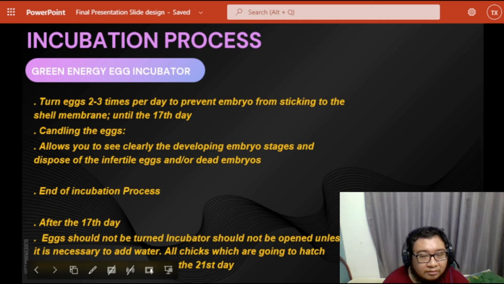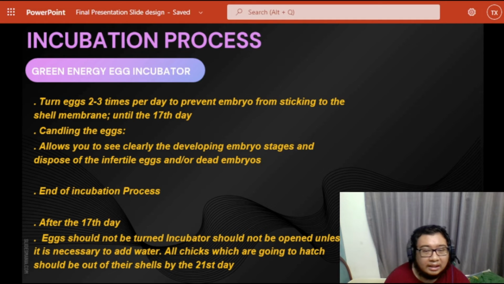Next, we turn the egg 2 to 3 times per day to prevent the embryo from sticking to the shell membrane until the 17th day. The next process is candling the egg, which allows you to see clearly the developing embryo stage and dispose of the infertile eggs and dead embryos.